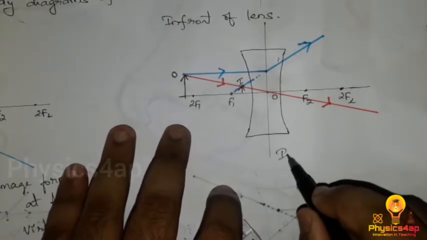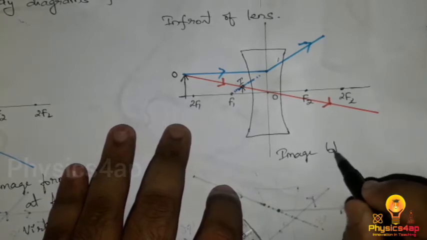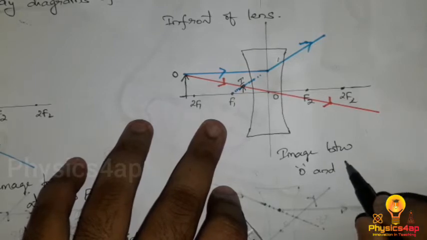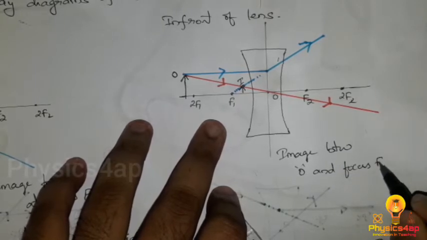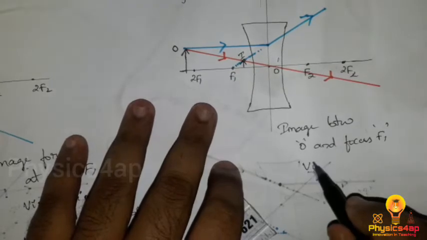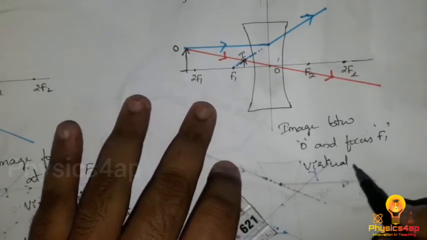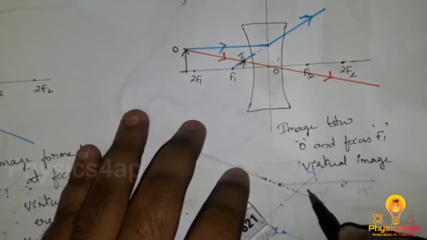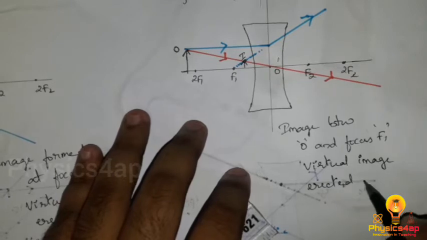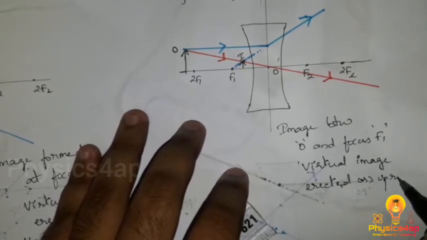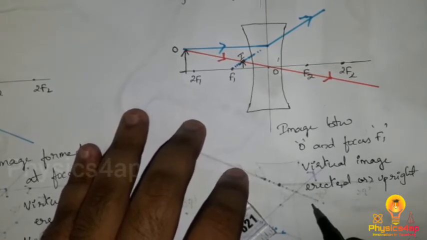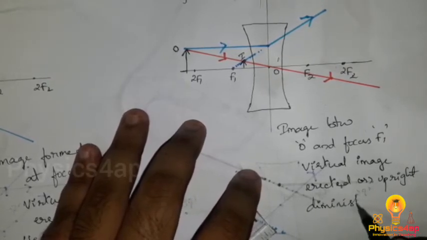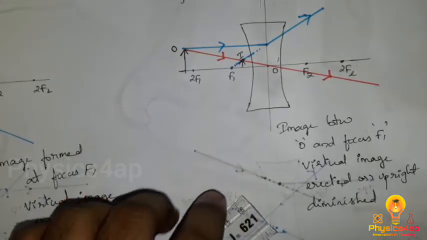The image is formed between the optic center and the focus, f1, and the image is virtual as it forms on the same side as the object. It is erected, or upright too, and the size is diminished, or small.